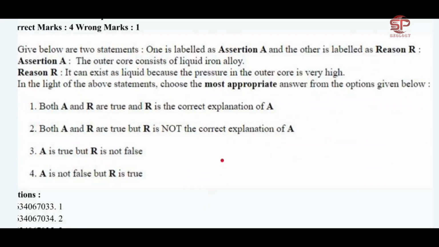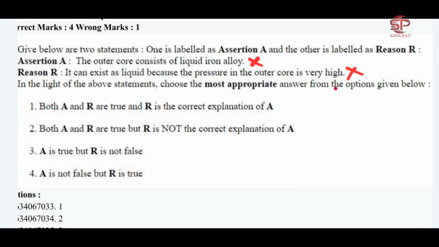The outer core consists of liquid iron alloy. Actually, the outer core consists of platinum sulfides, things like that. It is not liquid iron alloy, so it is incorrect. It can exist as liquid because the pressure of the outer core is very high. That is also incorrect. If the pressure is very high, it should exist in solid condition.